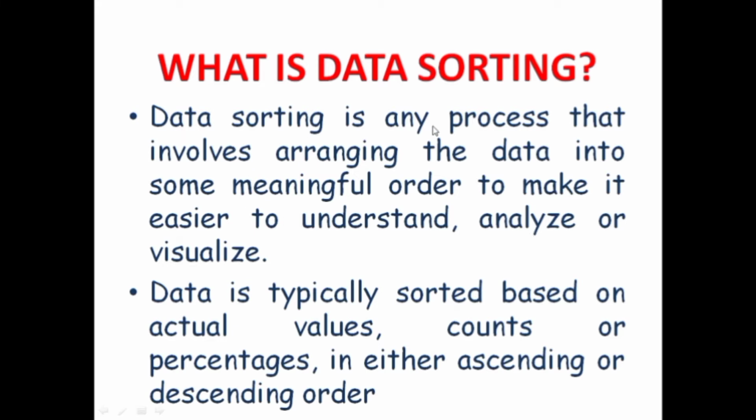Data sorting is any process that involves arranging the data into some meaningful order to make it easier to understand, analyze or visualize. It is sorted based on the actual values, counts, percentage in either ascending or descending order.